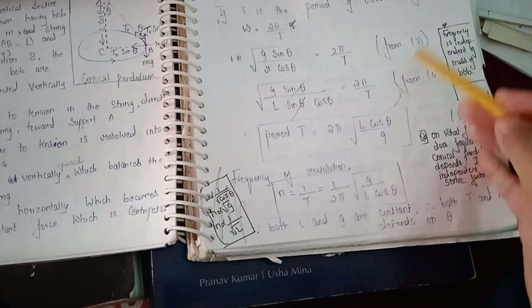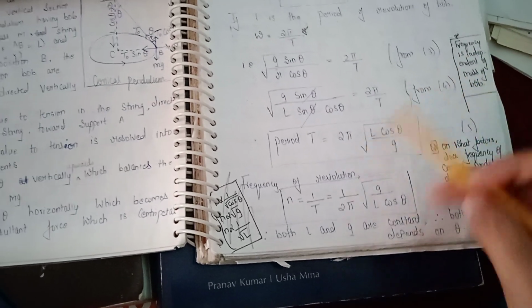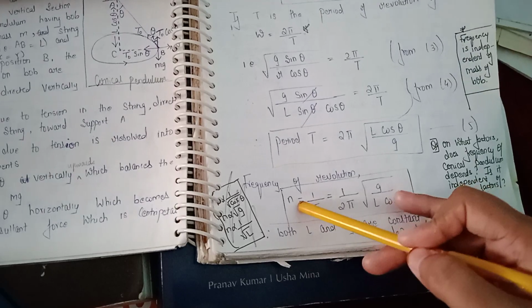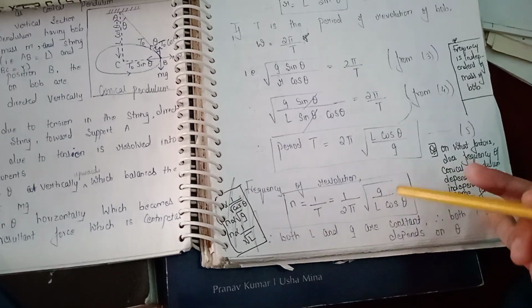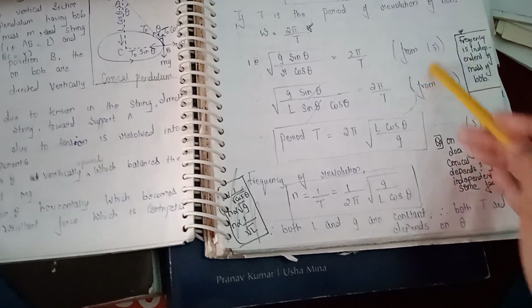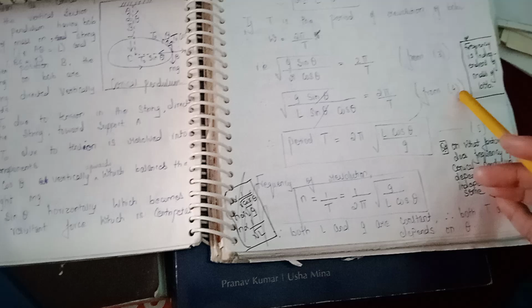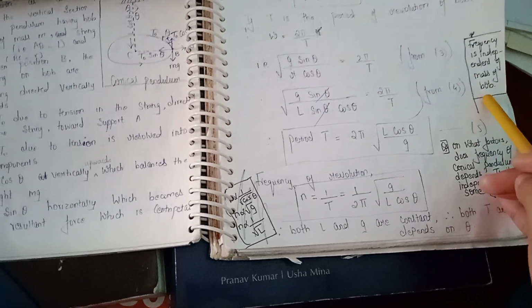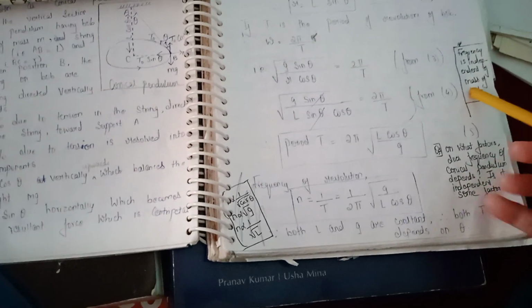And frequency is independent of the mass of the bob. This means, see, in the frequency there is no m here. The question can come as this: to show that the frequency of a conical pendulum is independent of the mass of the bob. So with this relation you can prove this.